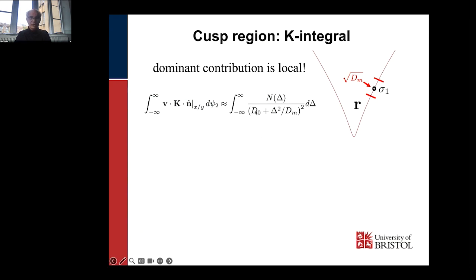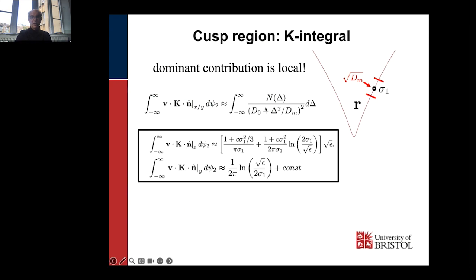All of these coefficients here I can calculate in an expansion in epsilon, and then this integral is very easy to do, and I get these expressions for the integrals, and you can verify that again to leading order in epsilon, this gives an exact solution to the boundary integral equations.